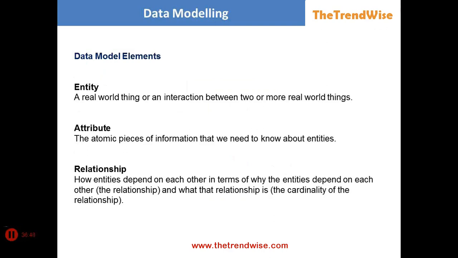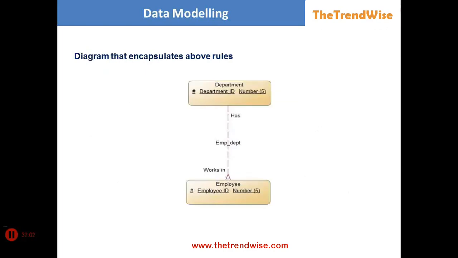So we define the cardinality of the relationship. Again, not to get too deep into the terminology, because as we go in the sessions, we'll discuss each and everything in detail: what a cardinality is, what optionality is, and everything. But here it's just a simple example of the entity and the relationship between them.